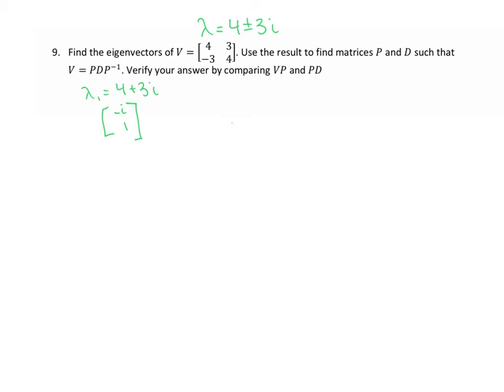So if I find my matrix A minus lambda I, I'm going to have 4 minus (4 plus 3i). The 4's reduce out, just giving me a negative 3i. 3, negative 3, and then the same thing happens here, negative 3i.